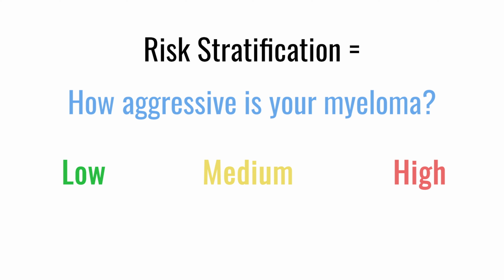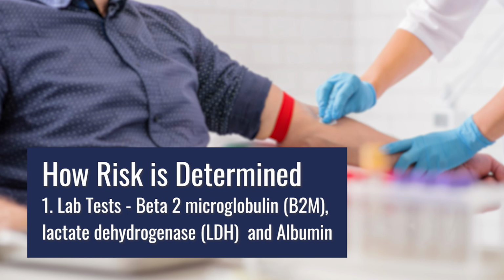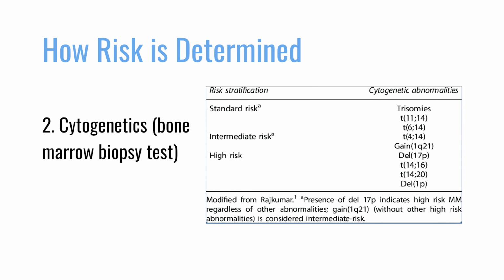And it usually entails both laboratory tests, often done in the blood, such as beta 2 microglobulin, lactate dehydrogenase or LDH, and albumin, as well as tests from the bone marrow biopsy called cytogenetics. These are looking for chromosome changes within the myeloma cells that can be predictive of the cell's behavior.